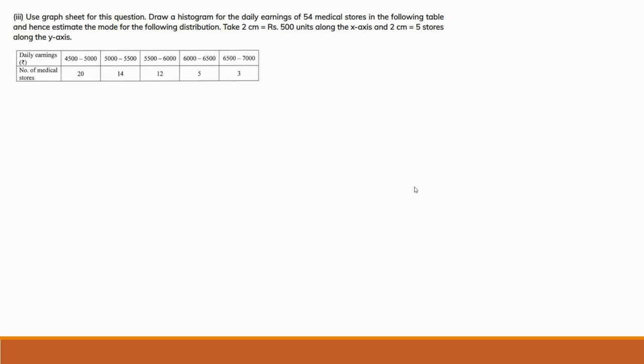They have asked us to use a graph sheet for this question. Draw a histogram for the daily earnings of 54 medical stores. If you add all this, 30, 40, 46, 51, 54, this should always come to 54.